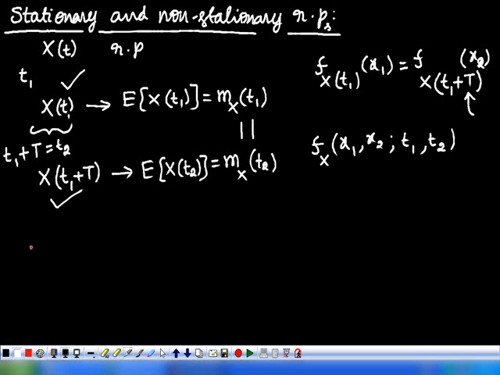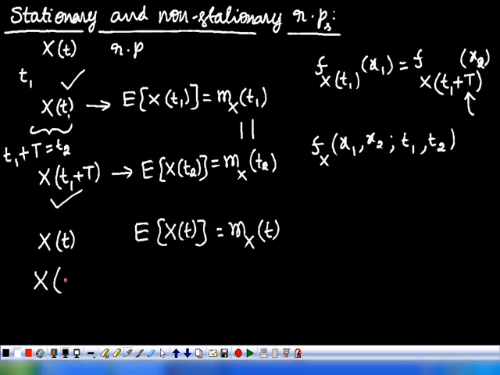In general, we can write that x of t is a random variable and the corresponding expectation is mx of t. Now obtain another random variable, x of t plus t, and the corresponding expectation is mx of t plus t.